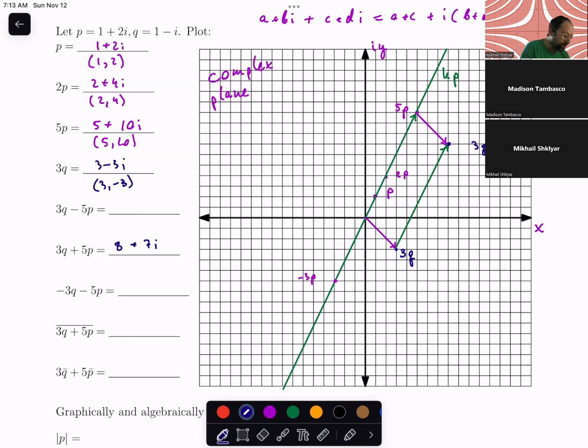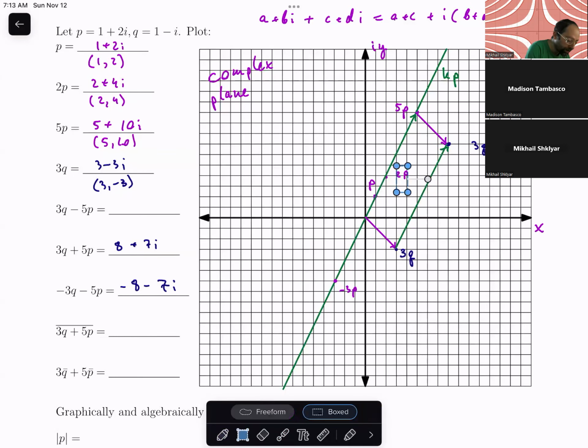Alrighty. So what about -3q minus 5p? That is the opposite of 3q plus 5p. So it's -8 minus 7i, and essentially this is a reflection of this complex number. Let me move things around a little bit so that we're not as cluttered.